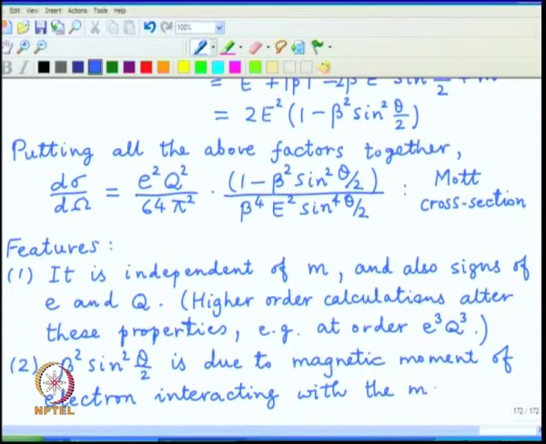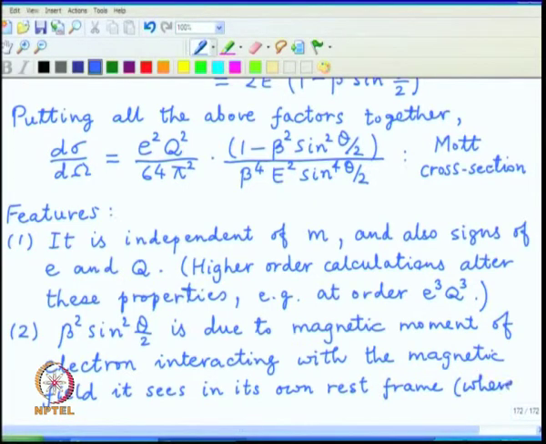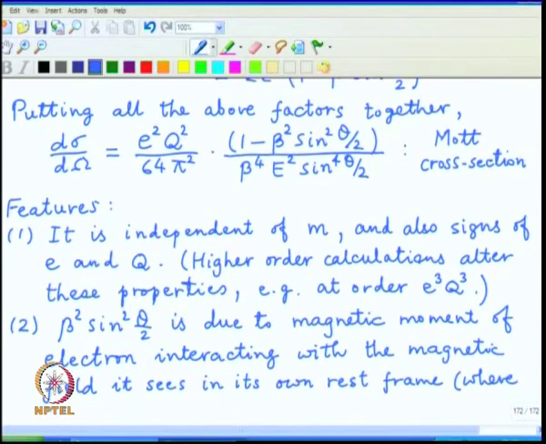With the magnetic field that the electron sees in its own rest frame, that is because the target charge q is moving.